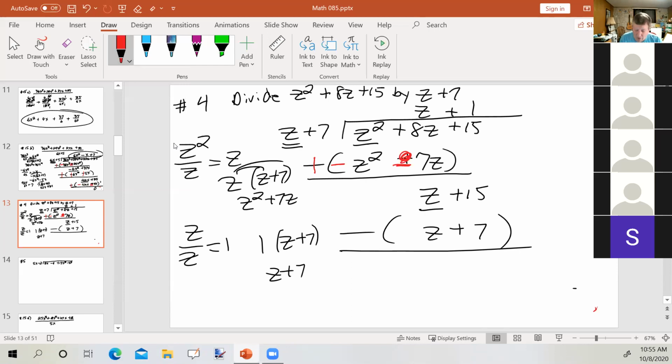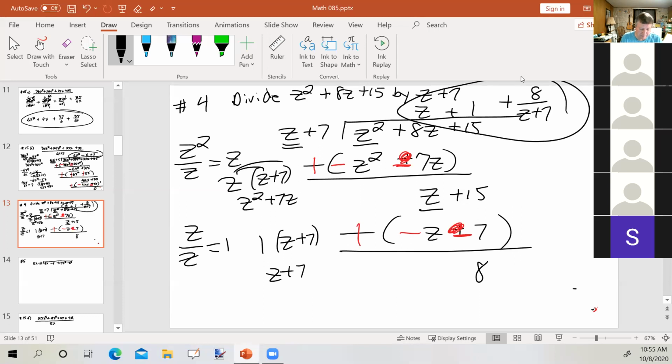Change it to addition of the opposite. Distribute the subtraction sign. Add up the columns. Z plus negative z is 0. 15 plus negative 7 is 8. So my answer is z plus 1 plus the fraction 8 over z plus 7.